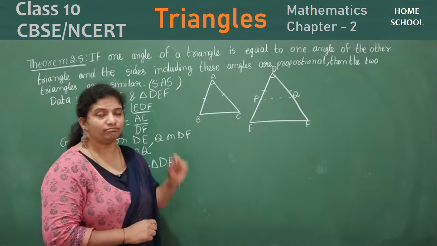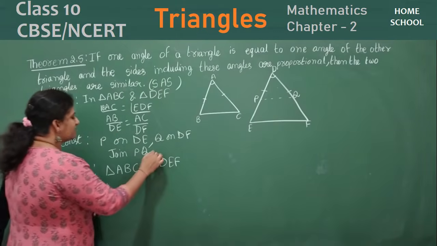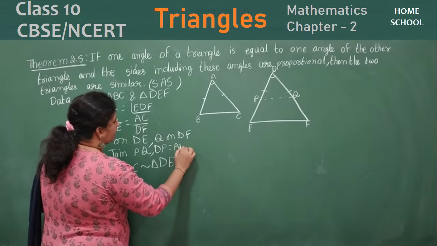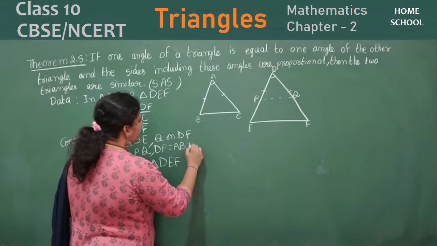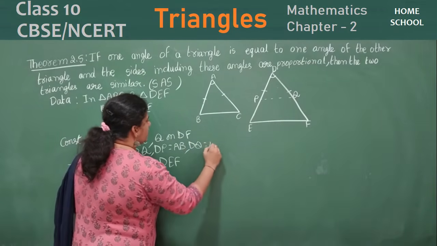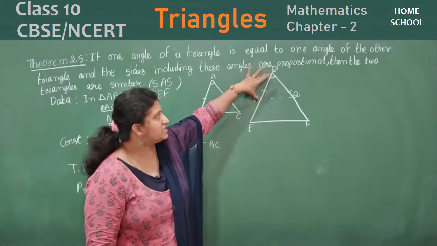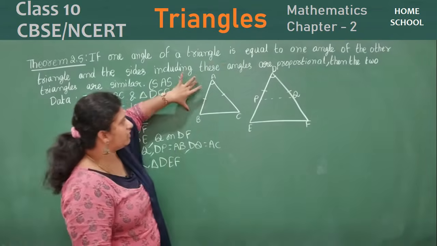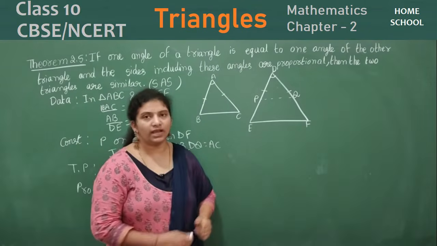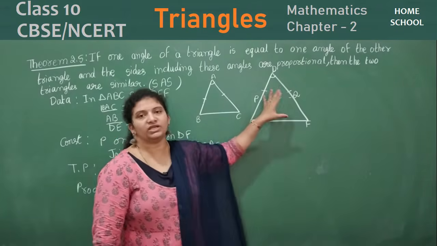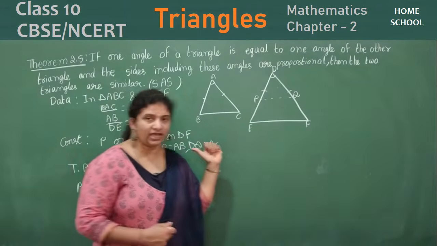But we have marked a point such that, what is that? DP is equal to AB and DQ is equal to AC. Like this we have marked a point such that this length is equal to this length. Okay. So now how to prove this? First we are going to take these ratios what they have given.